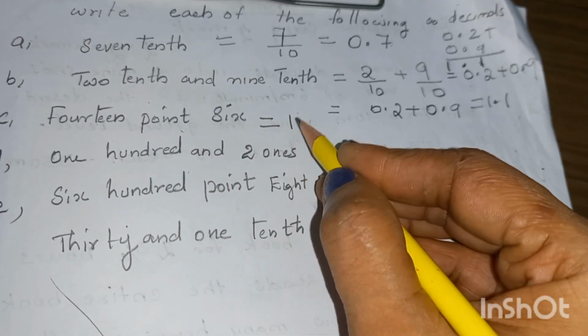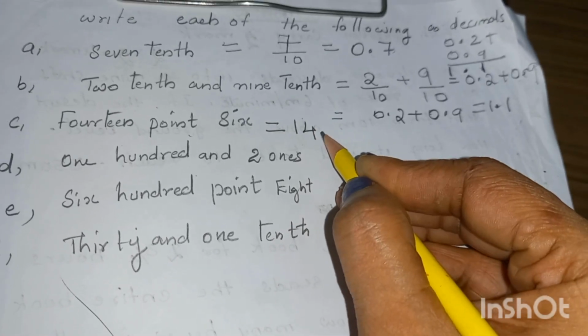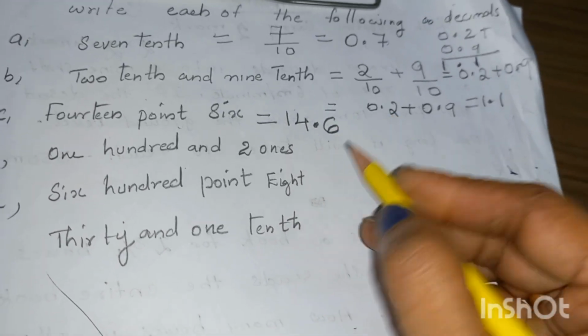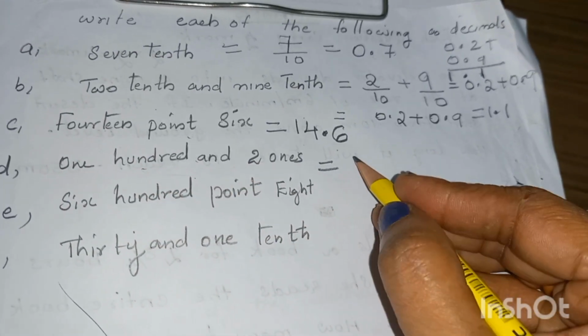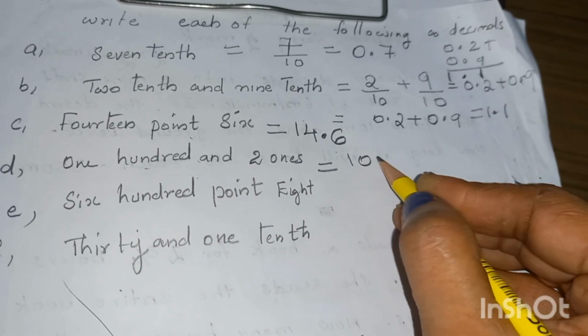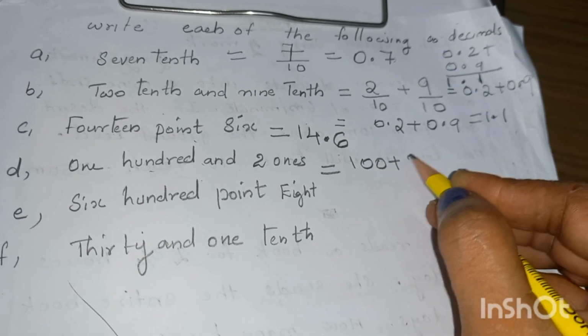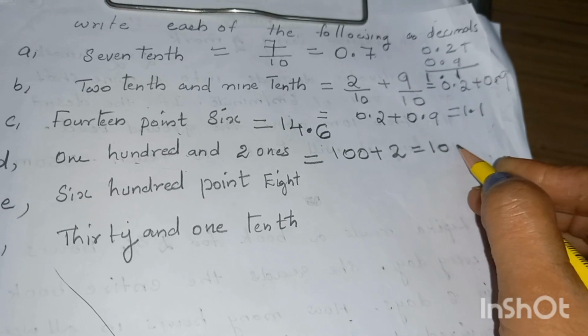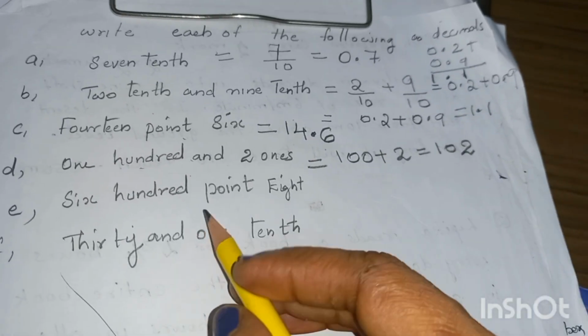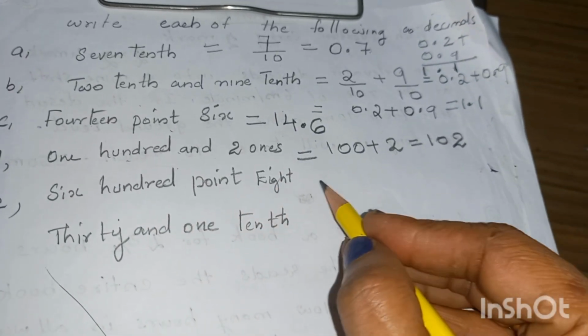Next one, 14.6. How can we write this one? 100 and 2 ones. So 100 plus 2. So we can write 102. Isn't it? Then 600.8.